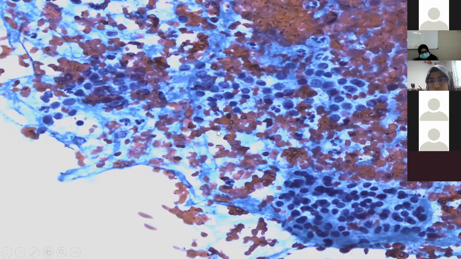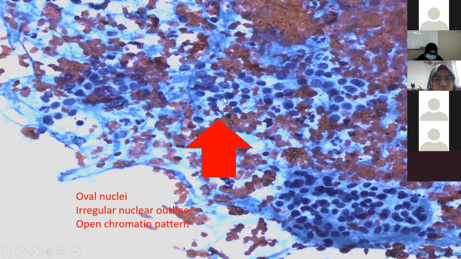Okay, and I think you can see that the nucleus is a bit oval rather than round. So the features are not, I cannot say, straightforward PTC.